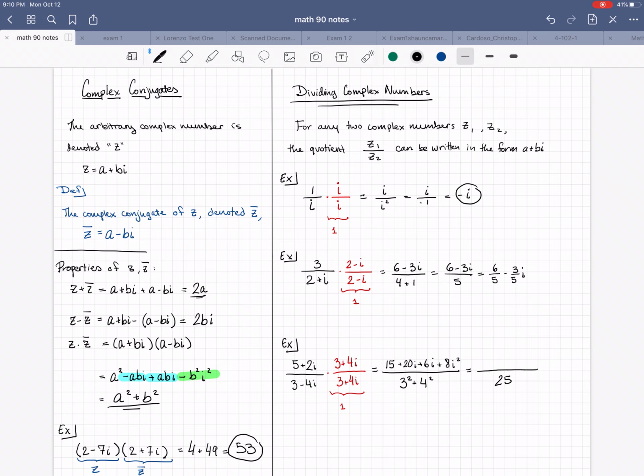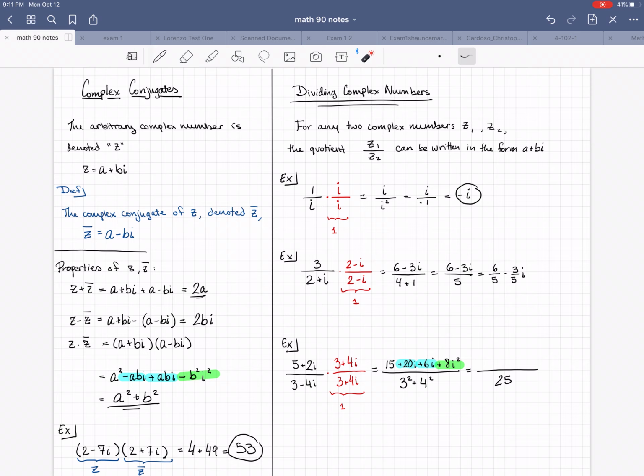Now look at the top. So I have 20i and 6i. Oops, I'm sorry, I misspoke. 20i and 6i are getting combined into 26i. And then 8i squared, because i squared is negative 1, i squared times 8 is going to be negative 8.